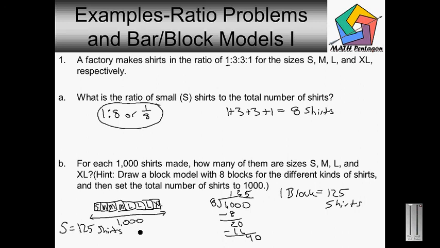For medium we have 3 blocks. So we have to multiply 125 by 3. So we do it right here for the mediums. 5 times 3 is 15, carry the 1. 3 times 2 is 6, plus the 1 is 7. 3 times 1 is 3. So for medium we have 375 shirts.